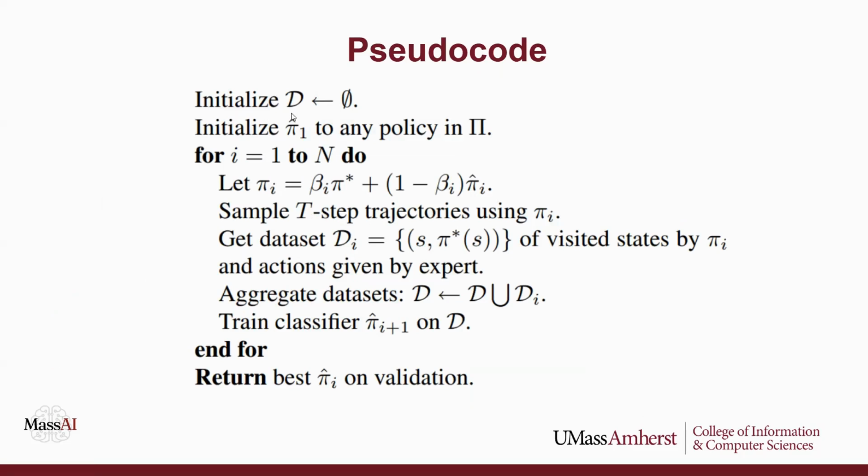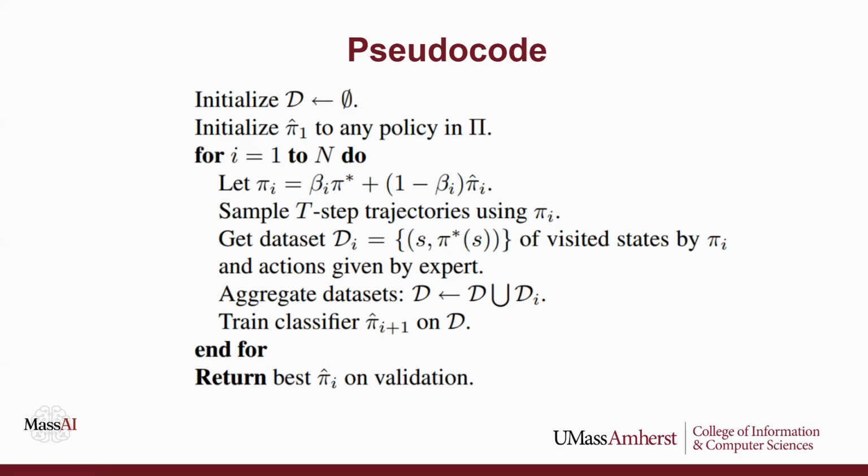First, you want to initialize an empty data set. This data set is the data set of all of the observations that you are ever going to see in this algorithm. And you initially have a policy that is random. So for each iteration, you are going to sample the trajectories, which is the same as having the Wojak and the expert dialoguing with each other T times.